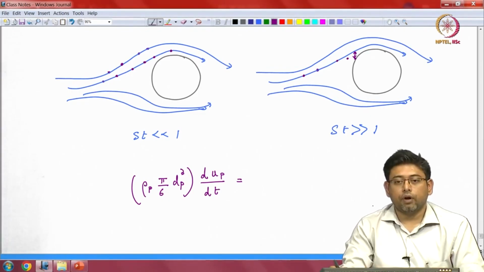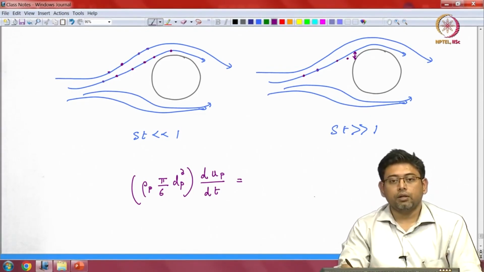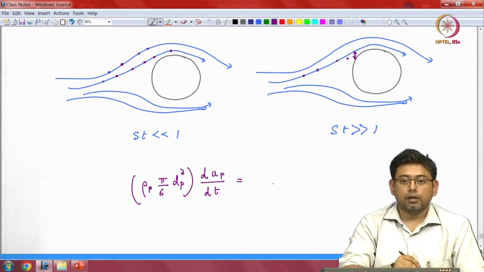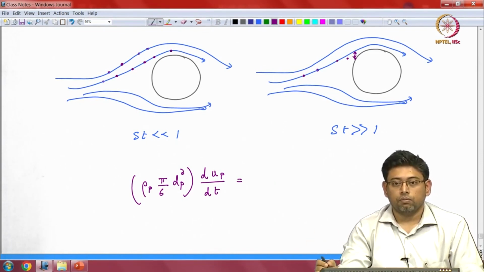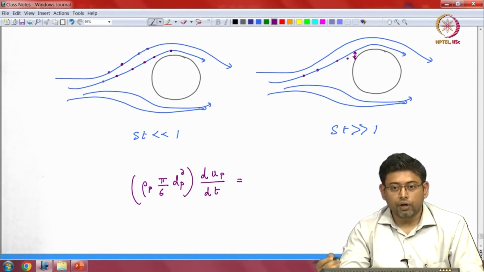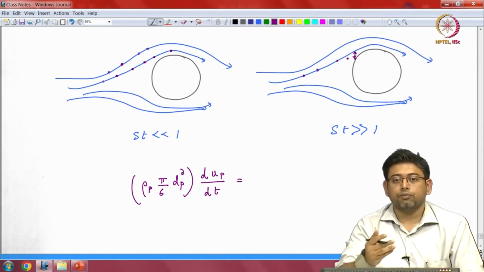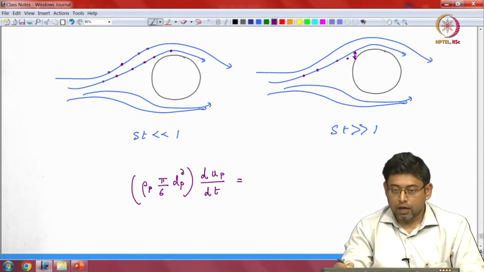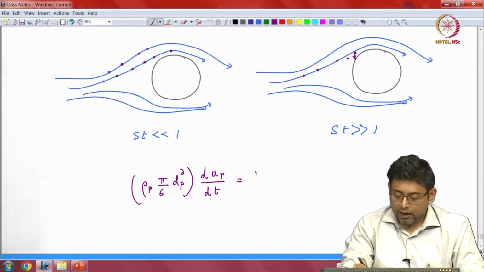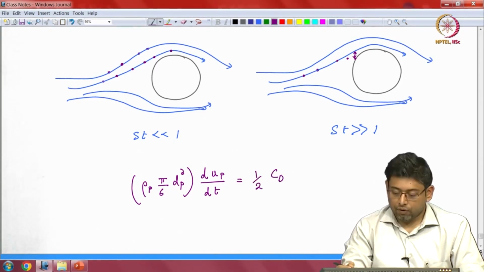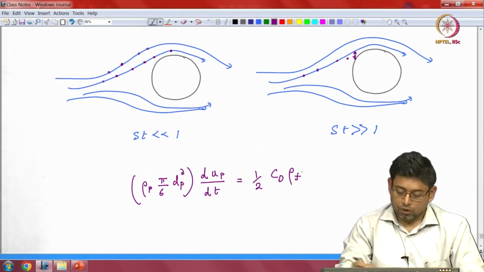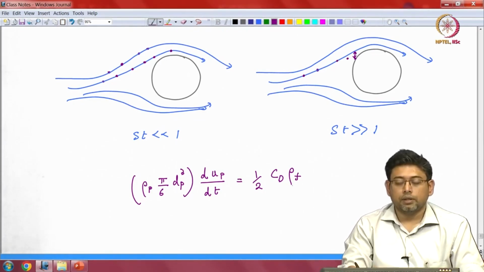On this side now I have to write the force. So what is providing the force for making my particle move along with the fluid flow? It is the fluid drag. It's the fluid drag which entrains the particles and makes it move along with the fluid flow, right. So on this side we have the fluid drag, which I can now write as half CD, CD being the drag coefficient, times my density of the fluid, which I'll write as rho f. So you have 2 rhos here. They are differentiated with respect to the subscript.